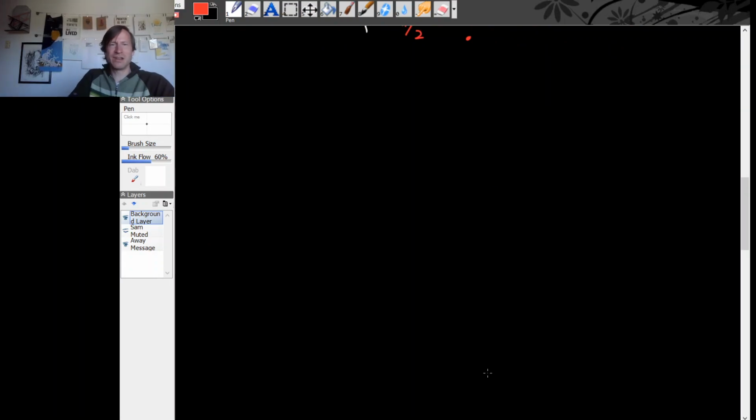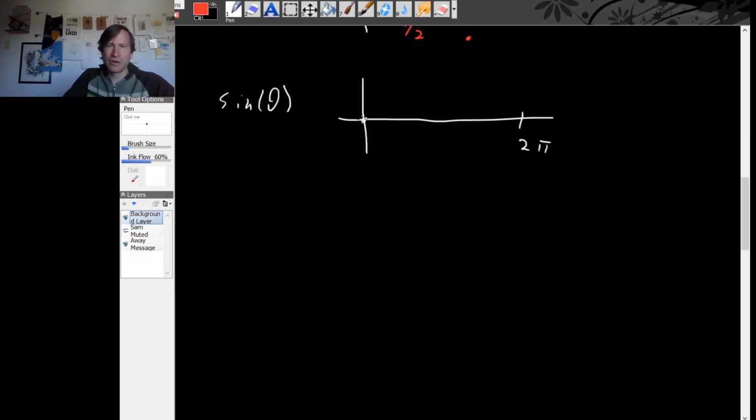So for sine, sine of theta from 0 to 2 pi starts at 0, increases, decreases, all the way past 0 down to the bottom, and then increases again.